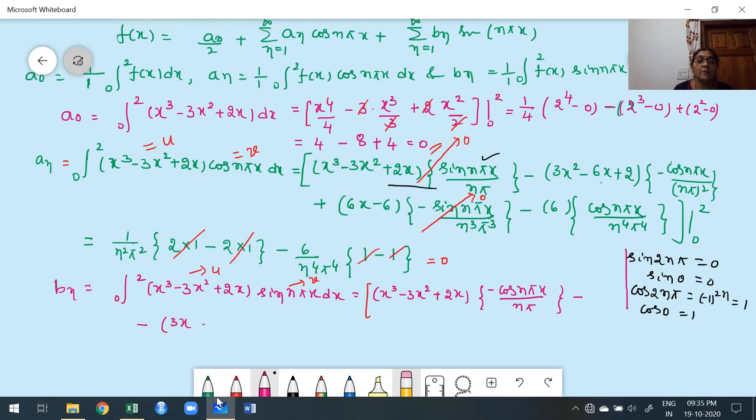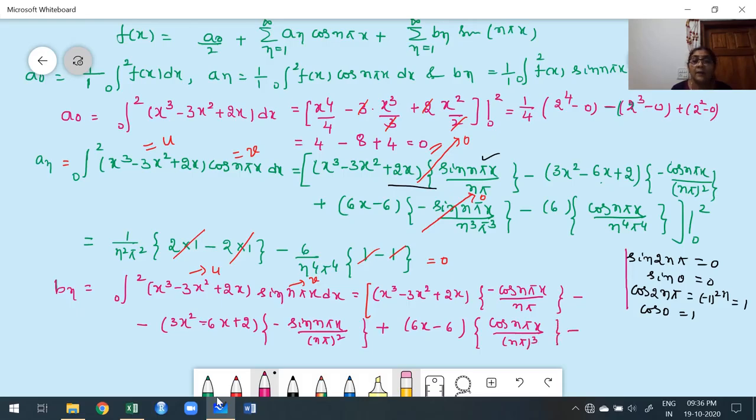What we get? 3x square minus 6x plus 2 into, again I have to integrate, integration of cos, I have to keep the minus as itself, minus sin n pi x divided by n pi whole square, or n square pi square, plus now we have to go for the next derivative of 3x square minus 6x plus 2. What we get? 6x minus 6 into, again I have to integrate. What's the integration of sine? Minus, already have minus, we get minus into minus plus cos of n pi x by n pi whole cube.